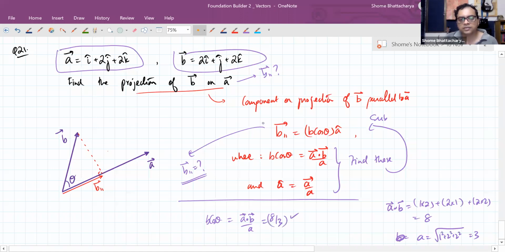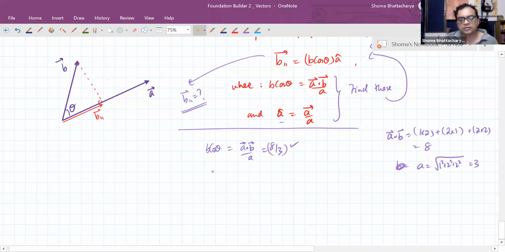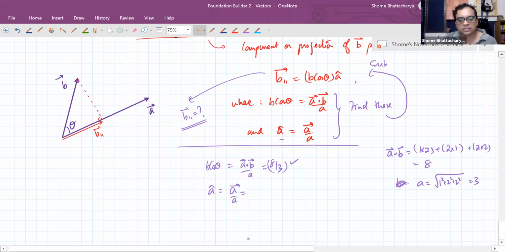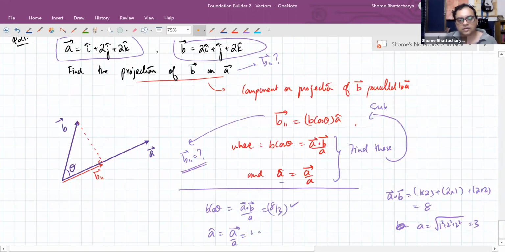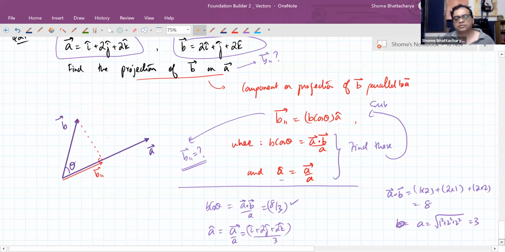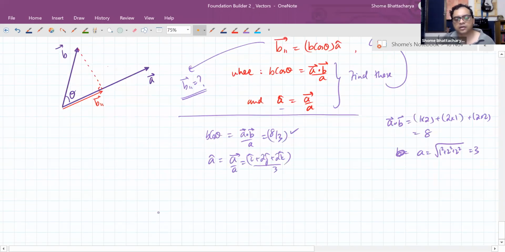And then we need to find out A cap. So A cap is the vector A divided by its magnitude. So the vector A was i plus 2j plus 2k divided by 3.